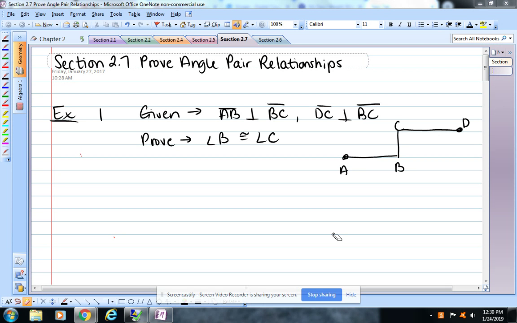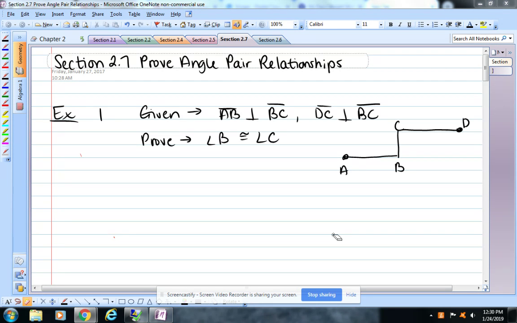So here are some important theorems that we can use in geometry. One of them is the right angles congruence theorem, and that states that all right angles are congruent. So if we know two things are right angles, we can use this theorem to say that they are congruent to each other. The next one is the congruent supplements theorem.